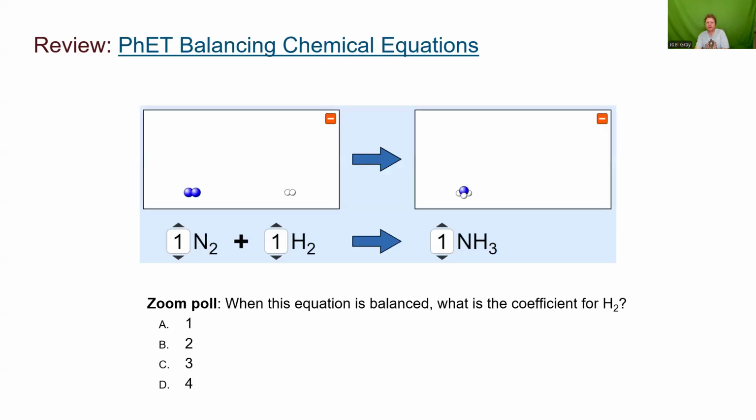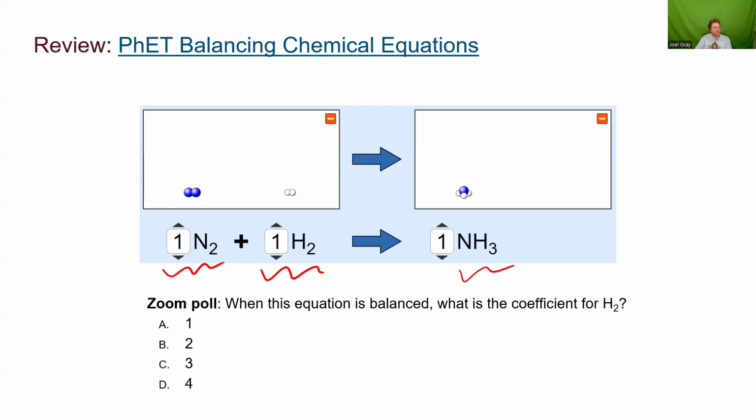One other thing that we did that will be useful as a chemical reaction balancer of sorts is we played around with this tool. This was a reaction between N2 and H2, both diatomic gases, nitrogen gas and hydrogen gas, reacting to form NH3. Well, how does that happen?